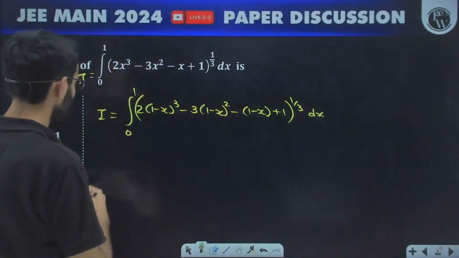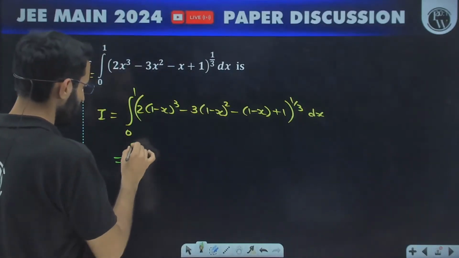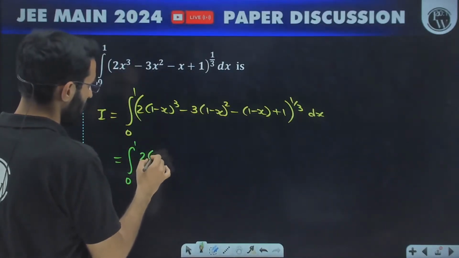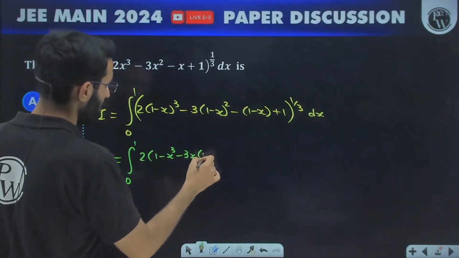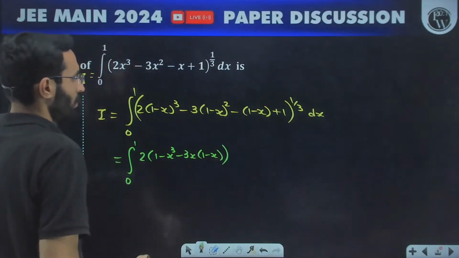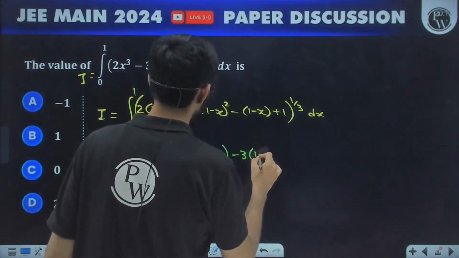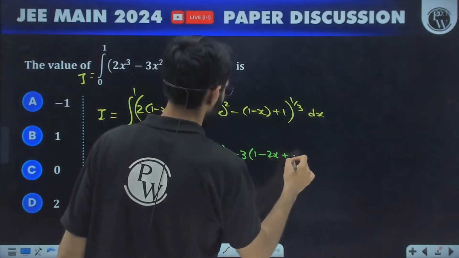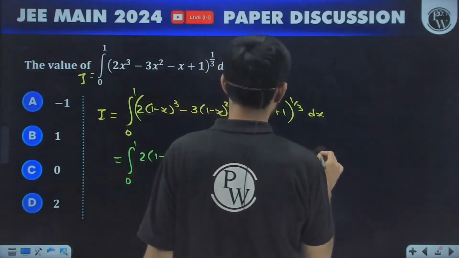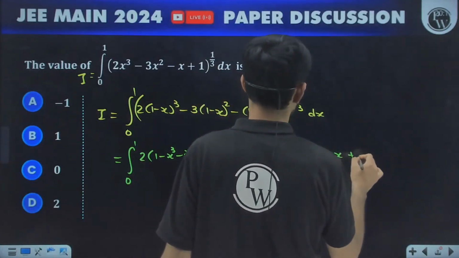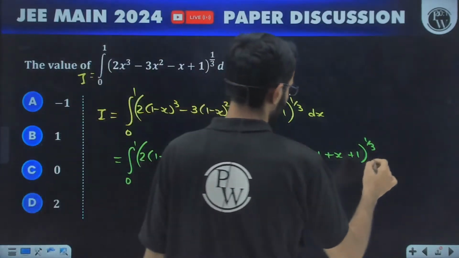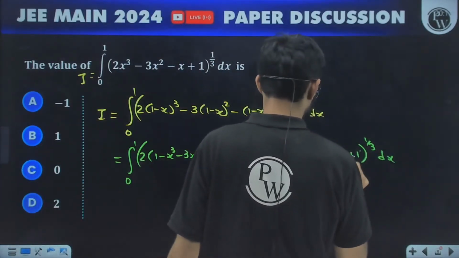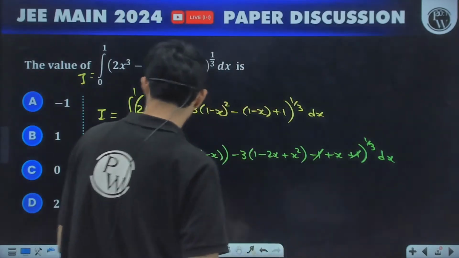So if I simplify this further, this will become integration 0 to 1 of 2 times, now a cube minus b cube minus 3ab into bracket a minus b, then minus 3 times (1 minus 2x plus x square), then minus 1 plus x plus 1, to the power 1 by 3. Plus 1 minus 1 will get cancelled out quickly.